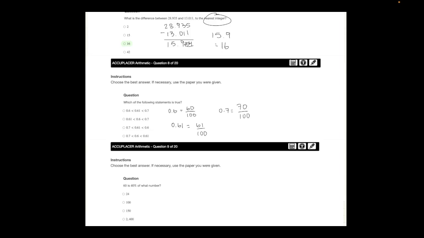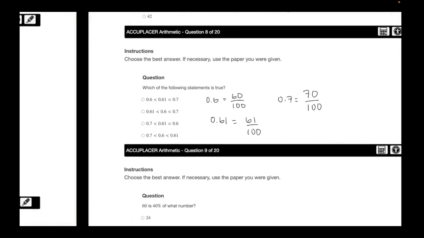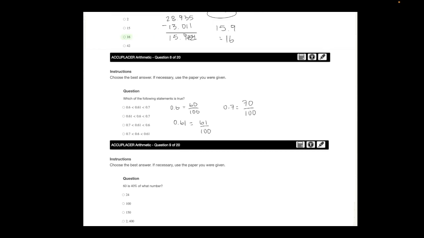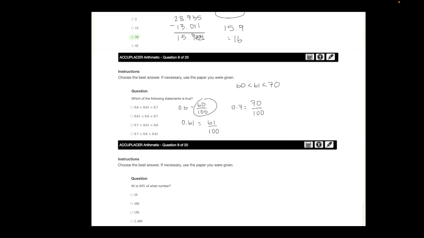From what I understand, in the actual answer choices, it's going from least to greatest. So our least would be the 60. Then it would be the 61, and then it would be the 70. So now we just have to find which answer choice matches that. There's actually only one that starts off with the 0.6, and that would be our first choice right there.